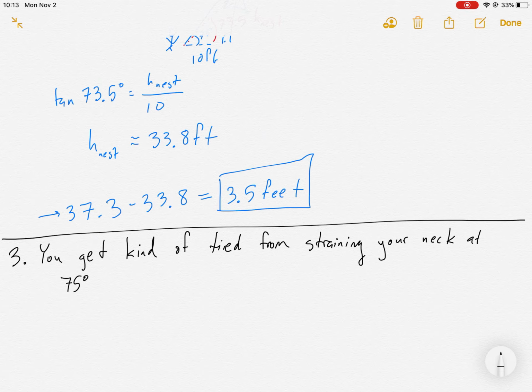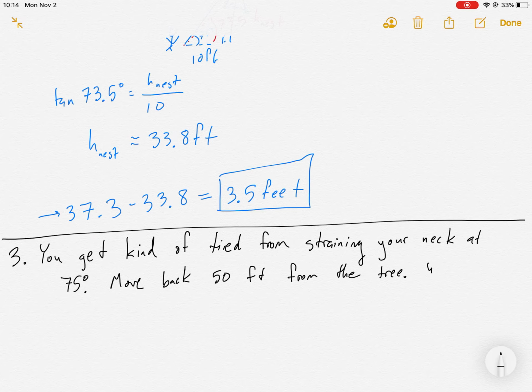So what you do is you decide, well, I want to get a lower angle here. I don't want to be at 75 degrees. So you move back so that you're now 50 feet from the tree.